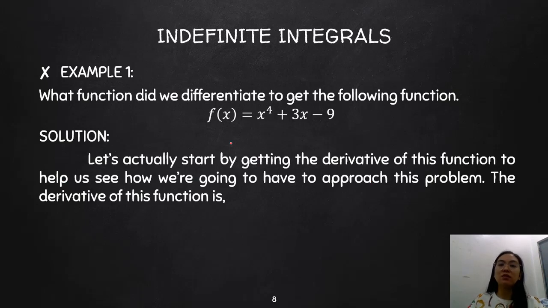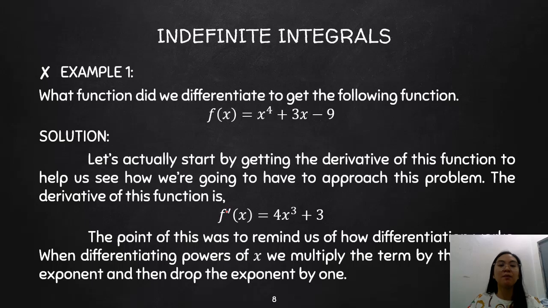Pag kinuha natin yung derivative of this function, we will get this. Diba? F prime of x, dapat medyo familiar na kayo dito, you will get 4x cubed, then plus 3, and then of course yung 9 kasi is 0 po yung kanyang derivative.